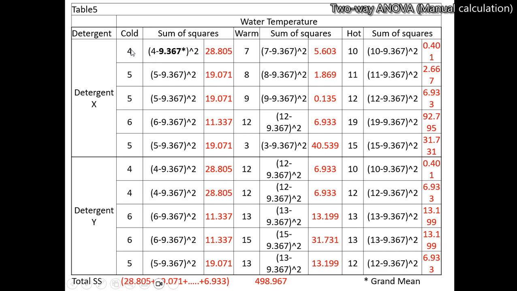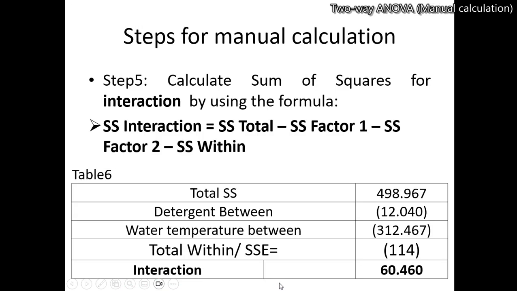For example, in this category, 9.367 is subtracted from 4 and squared. The square value is 28.805. So after adding all the values, we get the total SS as 498.967.